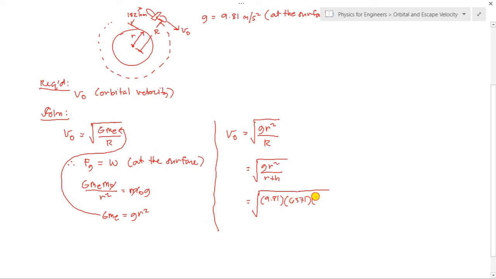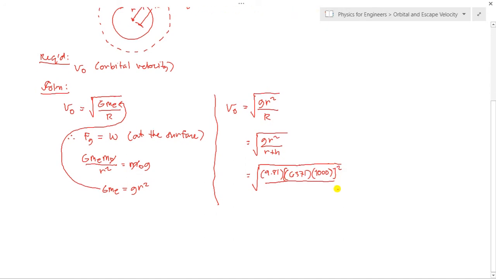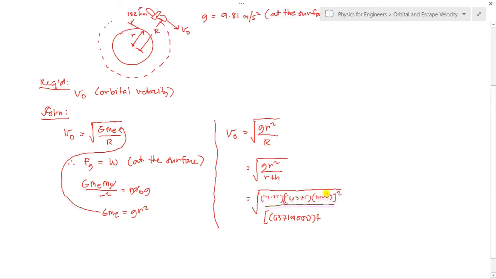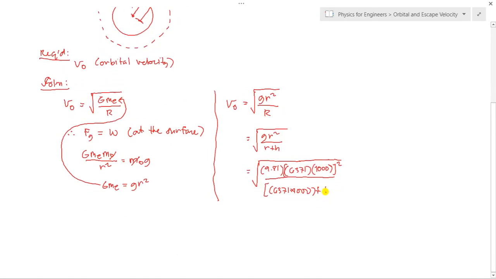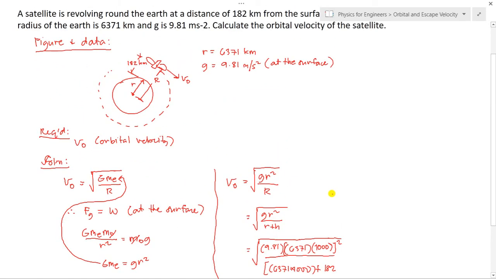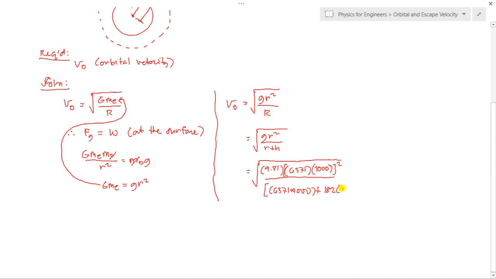Since it is in kilometers, we multiply by 1000 to convert into meters. Both of these should be squared. Then for the R, the same thing, multiply 6371 times 1000, plus the height of 182 kilometers, so plus 182 multiplied by 1000 to convert into meters.